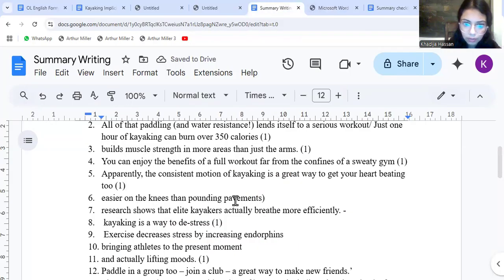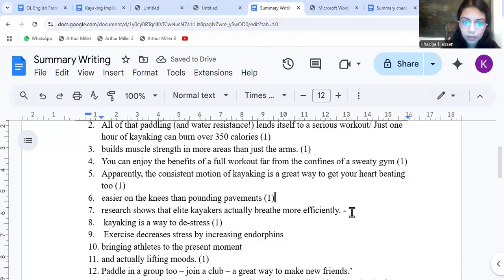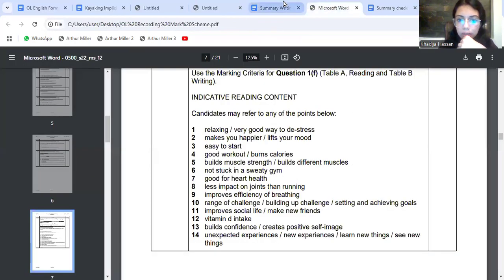Less impact on joints than running. This was the knees point. Improves efficiency of breathing. So they did have this. They actually breathe more efficiently. But they haven't really mentioned the elite kayakers. They've just generally mentioned that those who kayak regularly breathe more efficiently.